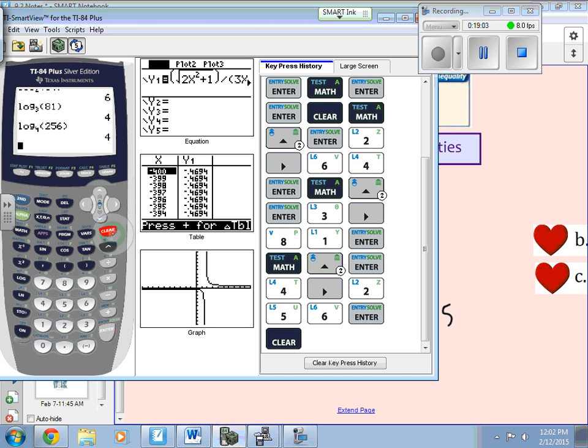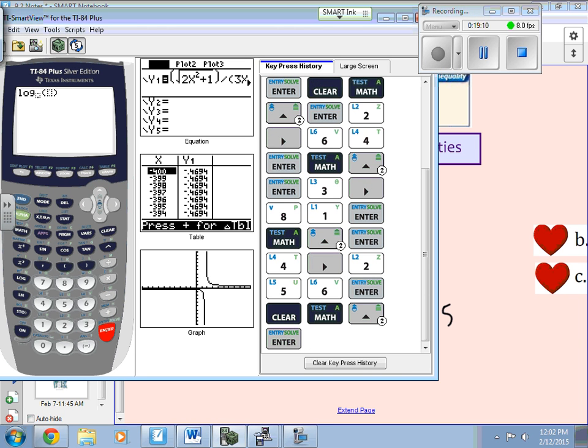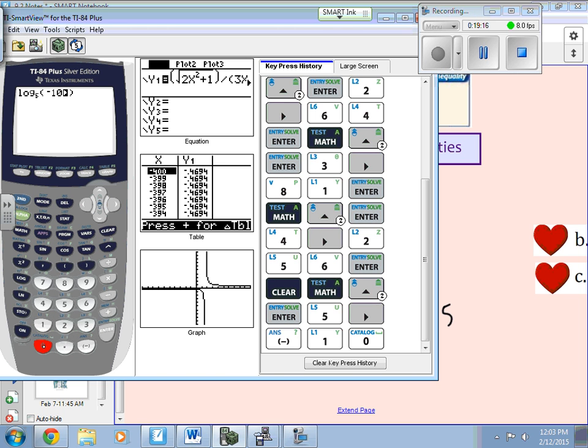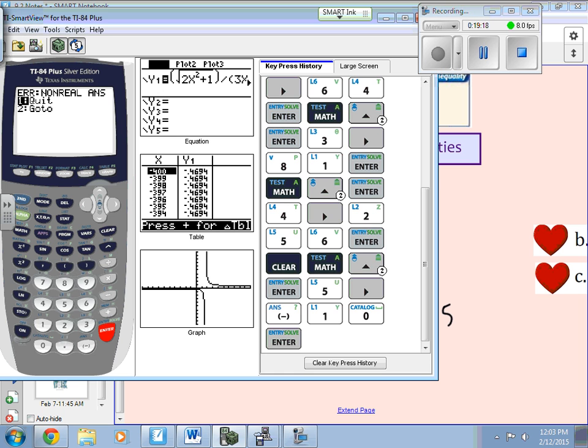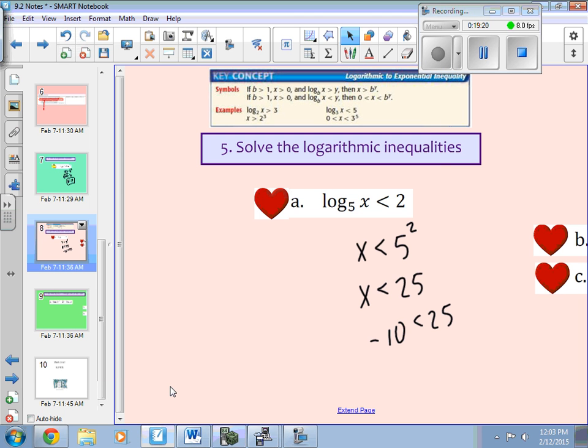Let's try it out. This one was base 5. Let's try log base 5 of -10. And some of you might already know the answer. Can't do this one because you can't do logs of negatives. So the answer on this one is not all the numbers less than 25.